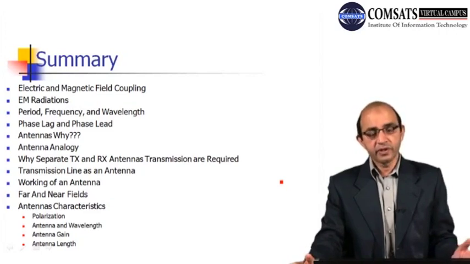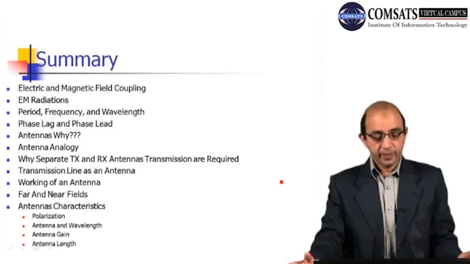Then we can also convert a transmission line into an antenna, and we discussed the functionality of an antenna, and far fields and near fields, and how they are important for antennas.